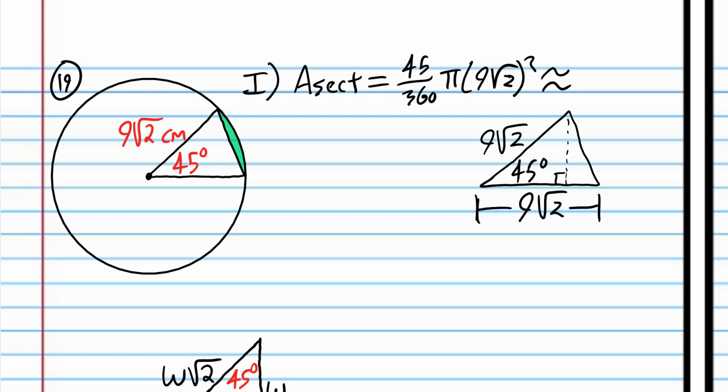So again, I use the square root button, but now at this point, I just found this inner part here, but I need to square that, you see. So then I'm going to push the square button. That's probably what it's going to look like in your calculator. Then you should get 162 in your calculator. So now times the pi button equals, times 45 equals, then divided by 360 equals.